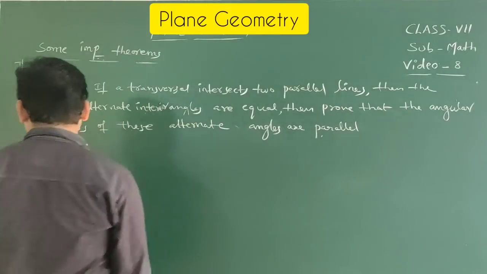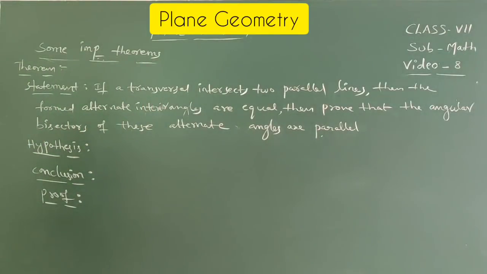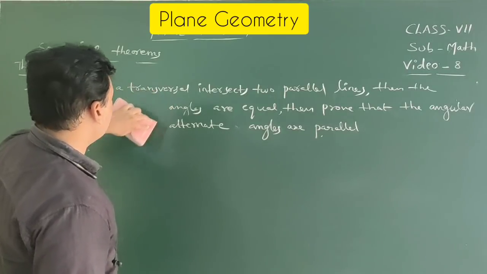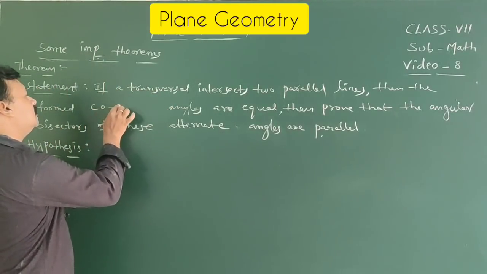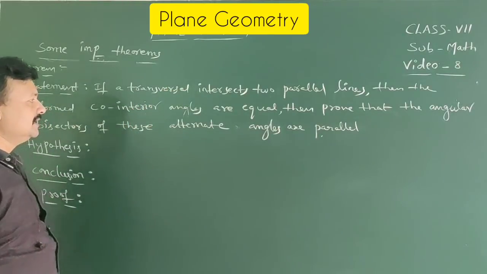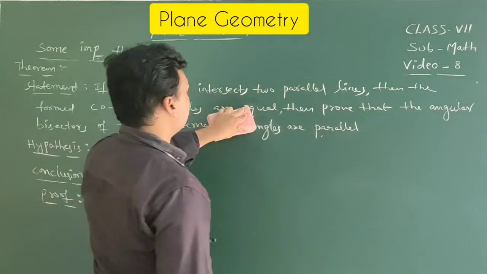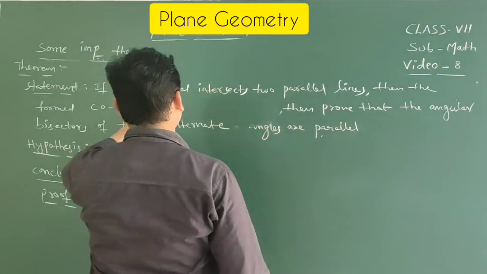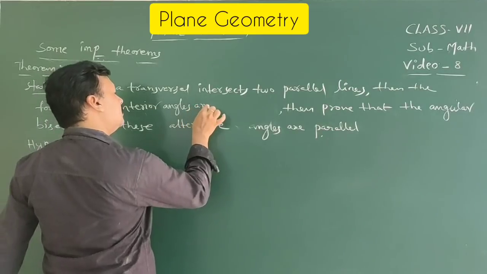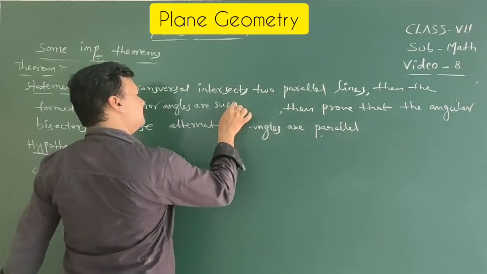In case of co-interior angles: if a transversal intersects two parallel lines, then the formed co-interior angles are supplementary.